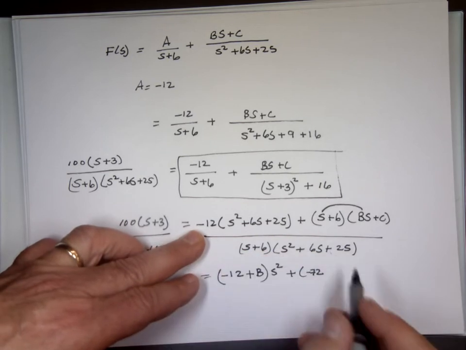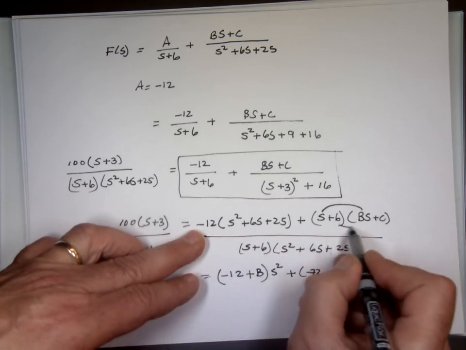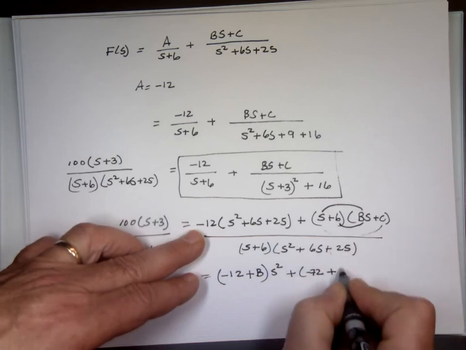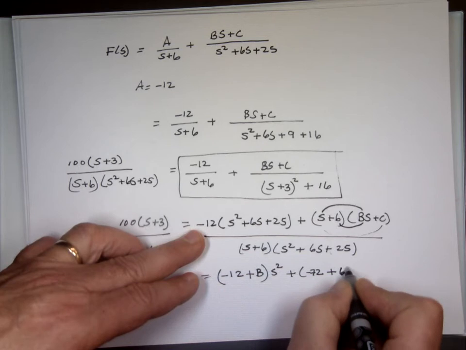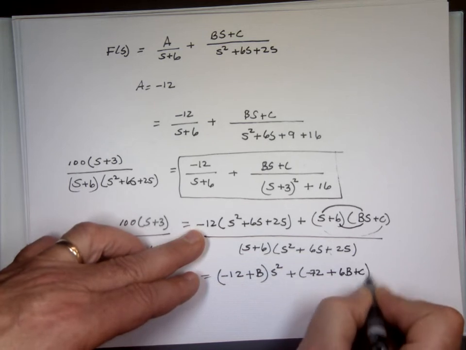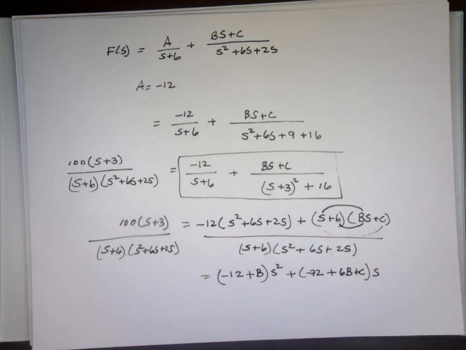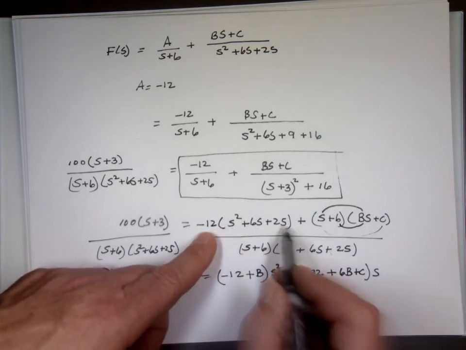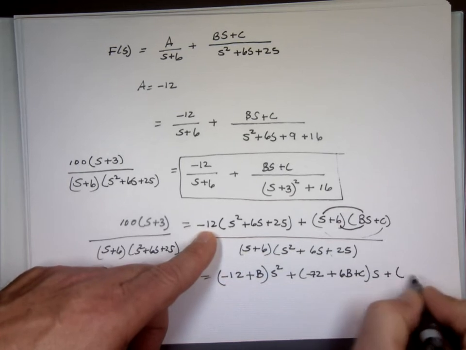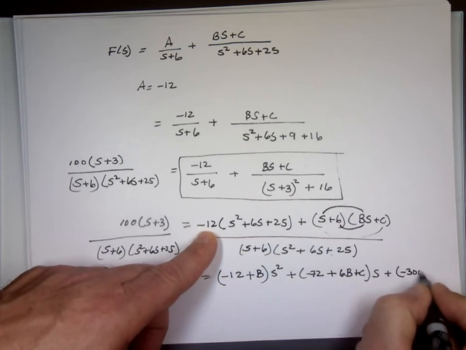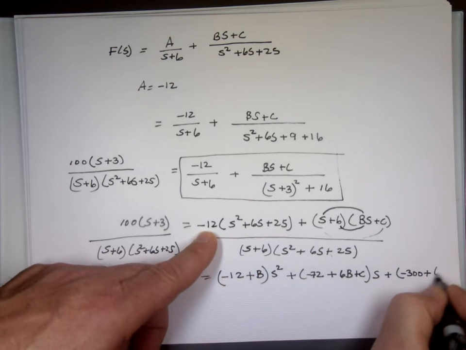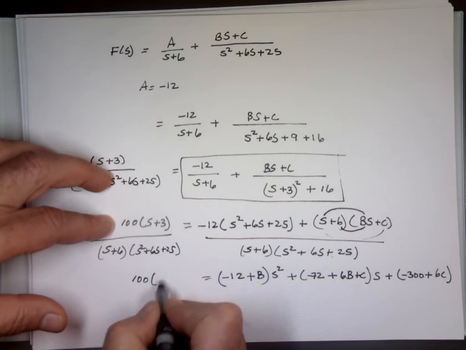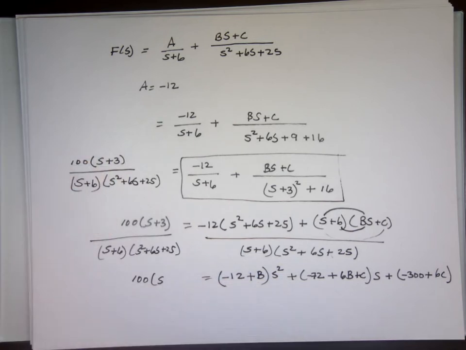And here I have 6b and 1c. And the constant on this end, negative 12 times 25, is that negative 300? Plus 6c. All of that should equal what? 100 times s, or 100s plus 300, if you multiply it through.